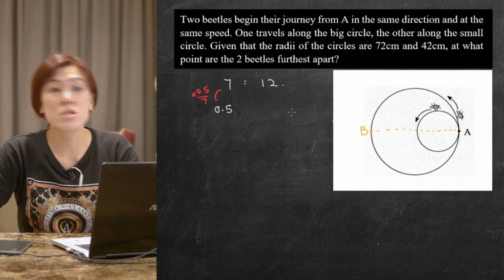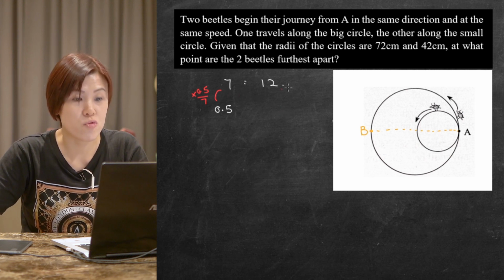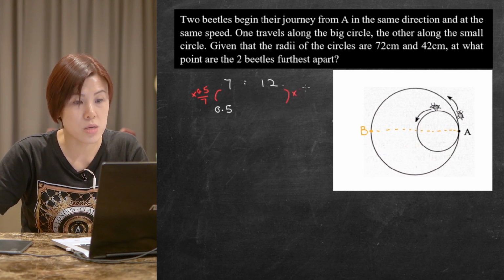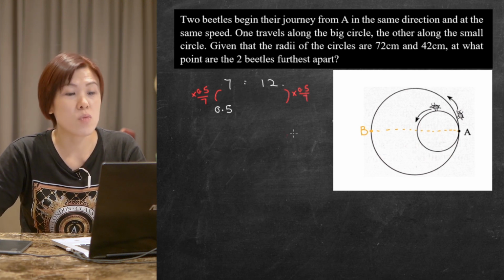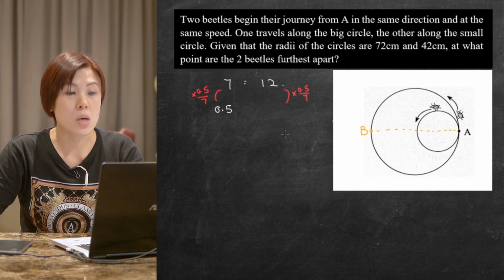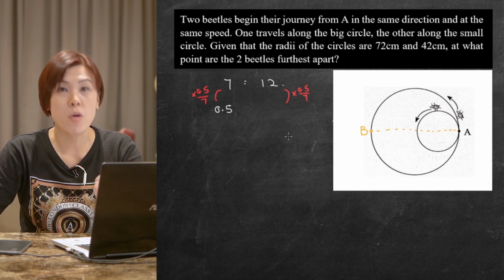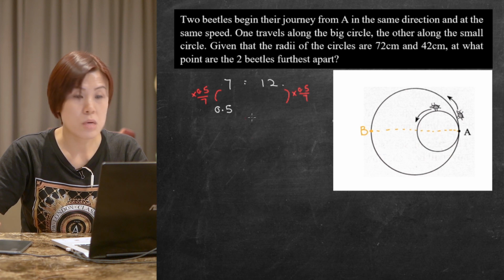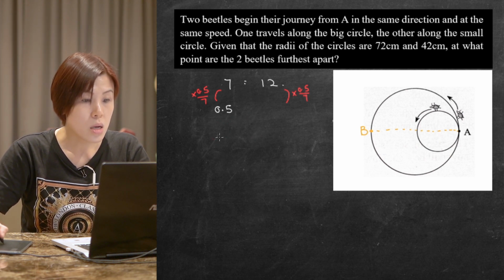If you multiply by 0.5 over 7 on the left side, then we have to do the same thing to the right side. But 12 times 0.5 over 7 is not the whole number. So the beetle on the small circle does not go back to point A. So it seems that this way doesn't work. 0.5 round is not the nearest solution.